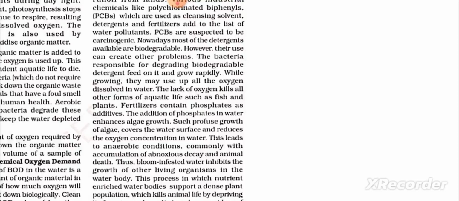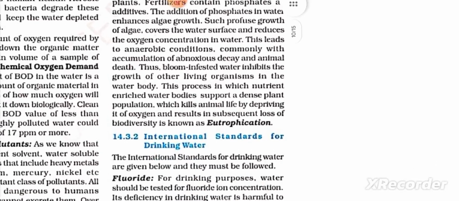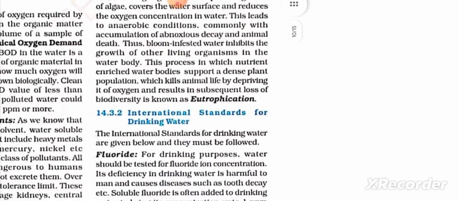Fertilizers contain phosphates and other additives. The addition of phosphates in water enhances algae growth. Such growth of algae covers the water surface and reduces the dioxygen concentration in water. This leads to anaerobic conditions, with the accumulation of anaerobic decay and animal death.